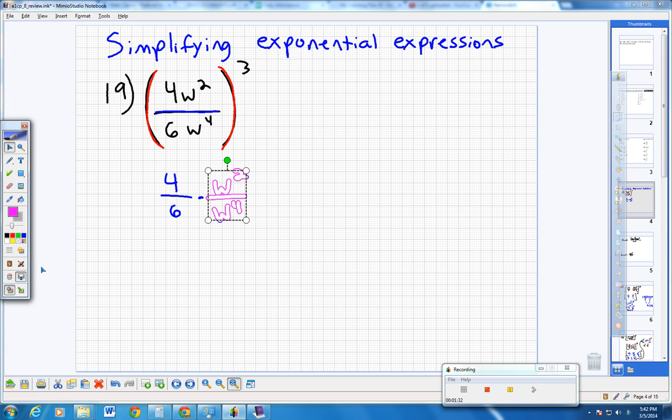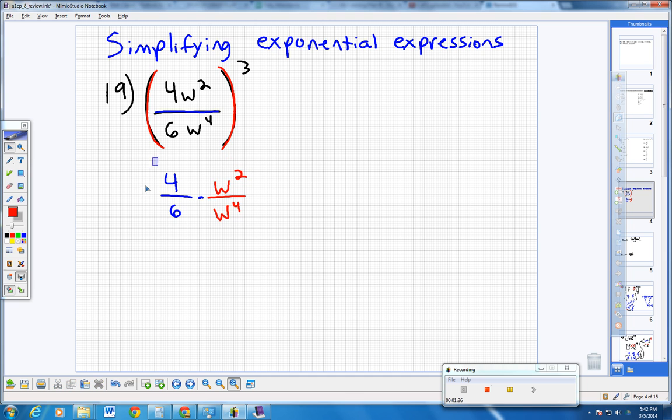I've just broken up what's inside my parentheses. Well, I should know that 4/6 is going to reduce to 2/3, and then w squared divided by w to the fourth.